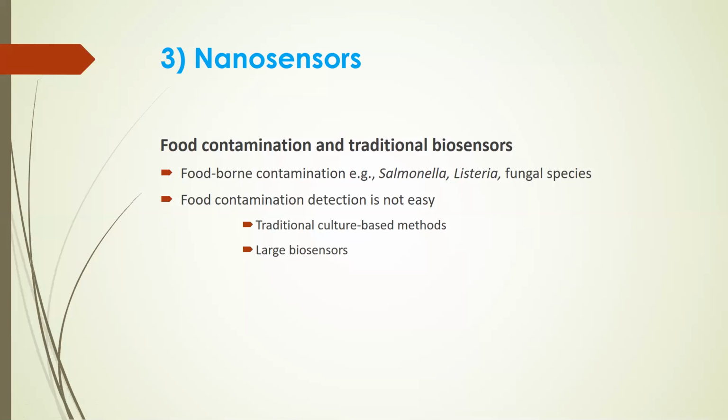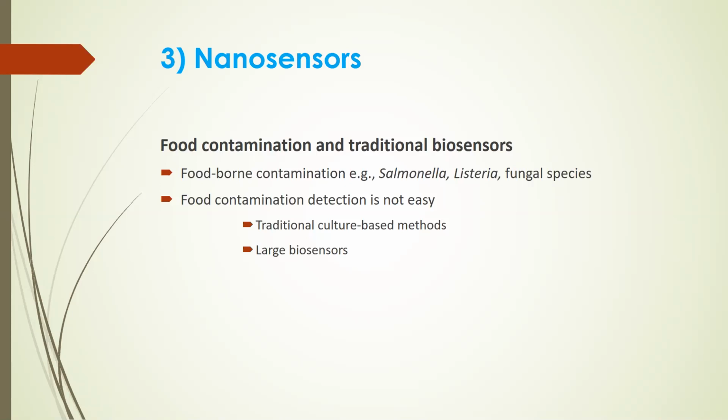These traditional food contamination detection methods are culture-based methods. Culture-based methods mean that we first have to monitor the contamination of biological agents present in large food items by growing the specific microorganisms on artificial media.